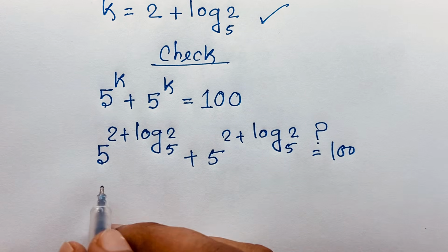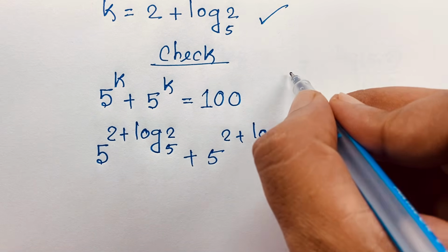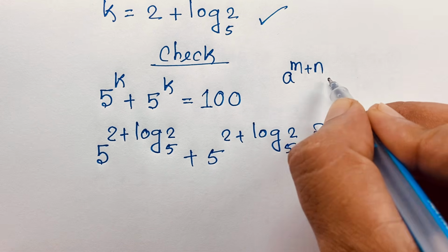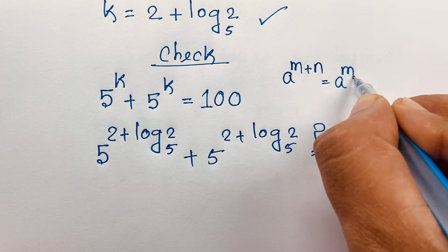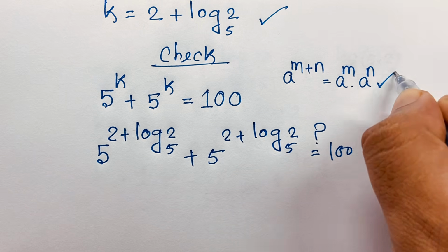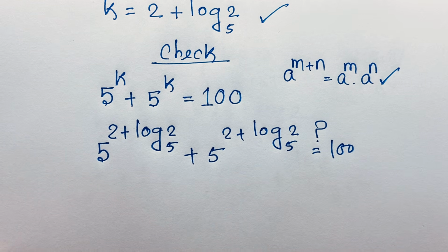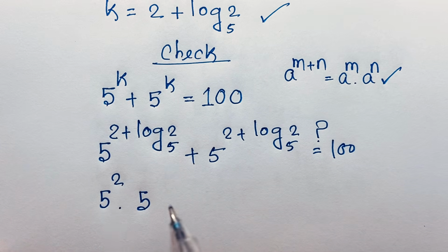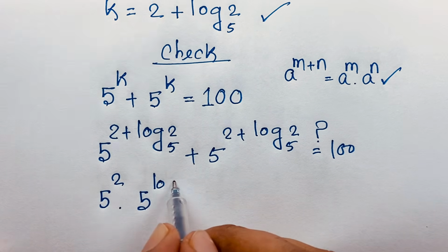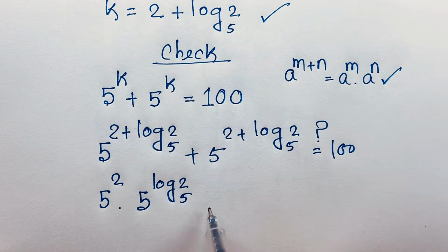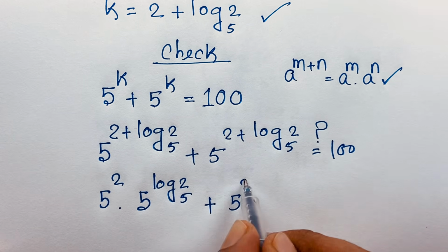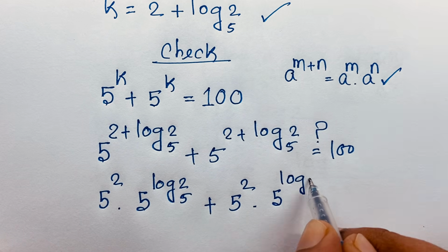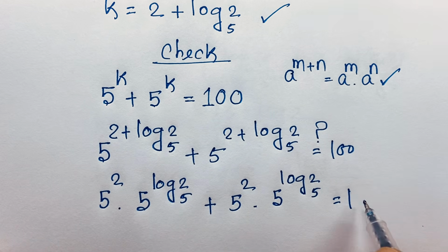Now if I apply the formula a to the power (m plus n) is a to the power m times a to the power n, this expression will be 5 to the power 2 times 5 to the power log 2 base 5, plus 5 to the power 2 times 5 to the power log 2 base 5, is equal to 100.